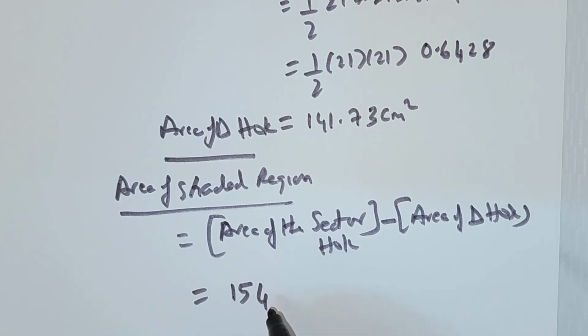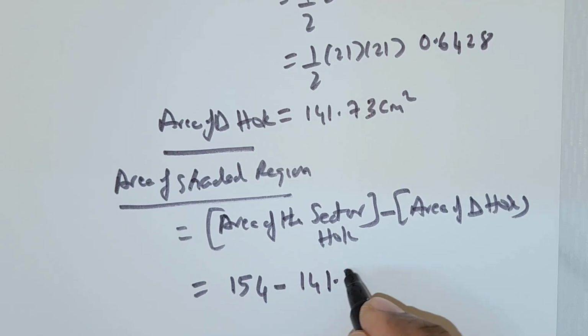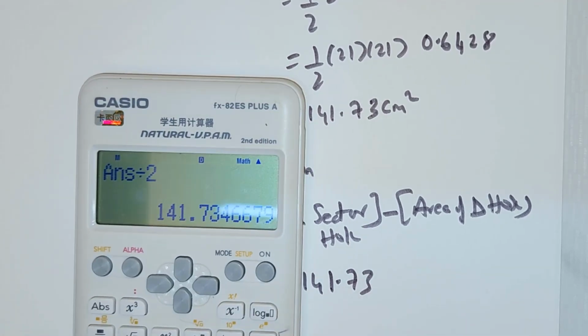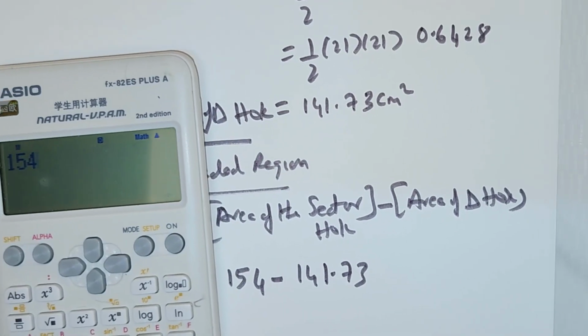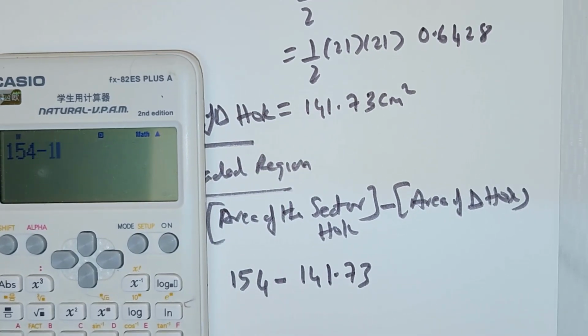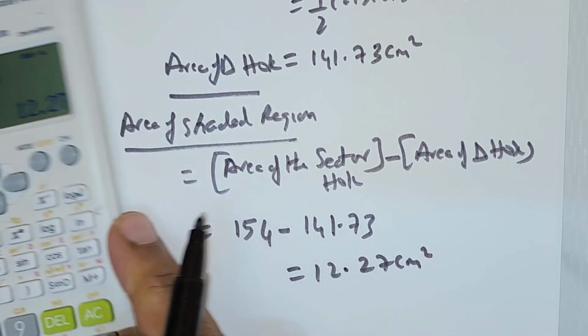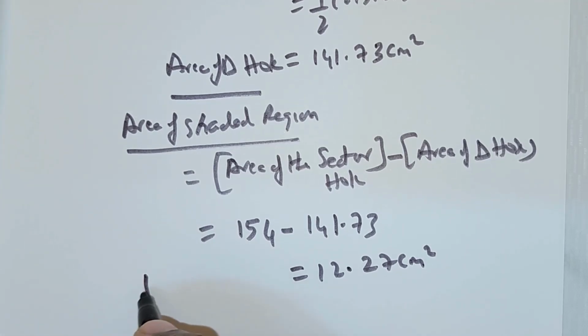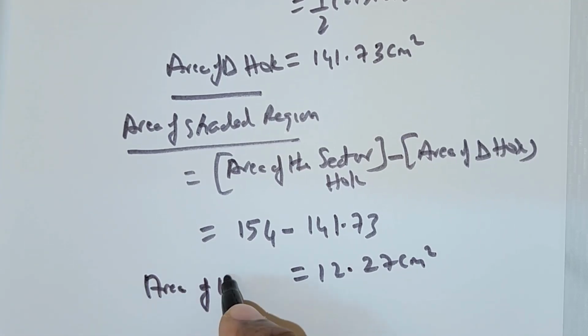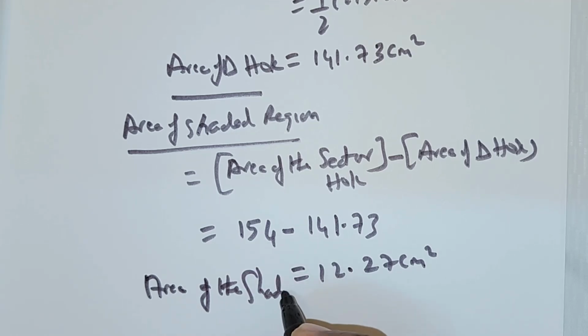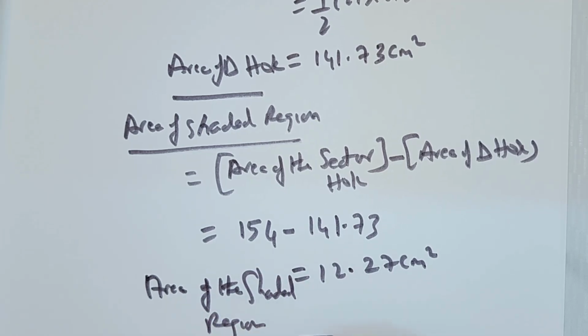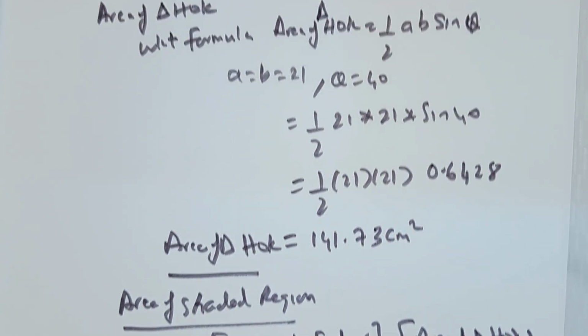So area of the sector is 154, area of the triangle is 141.73. So 154, take away 141.73. So you get 12.27 cm squared. So this is the sector area, or I would say area of the shaded region. Okay, so that completes the solution of this question.